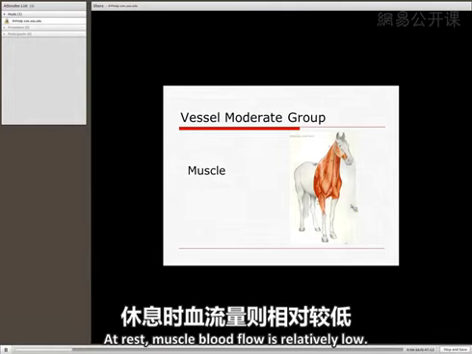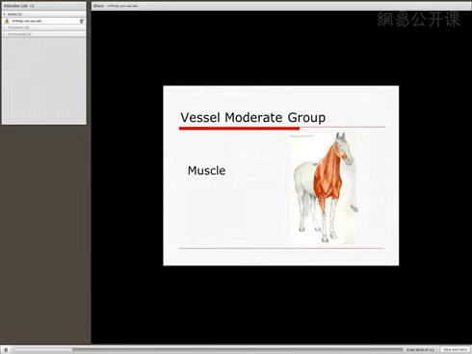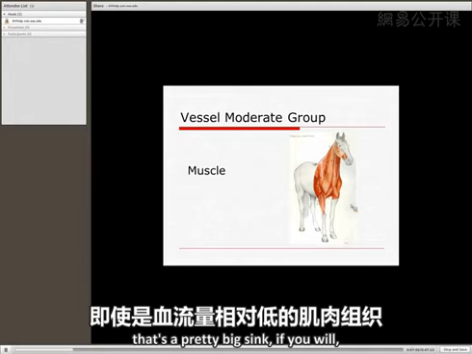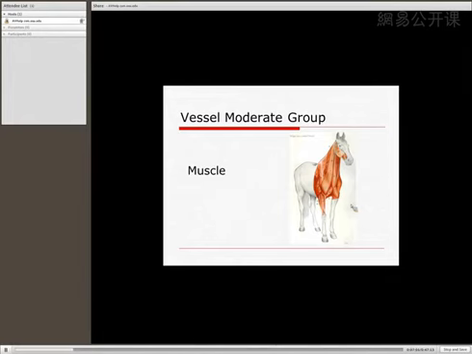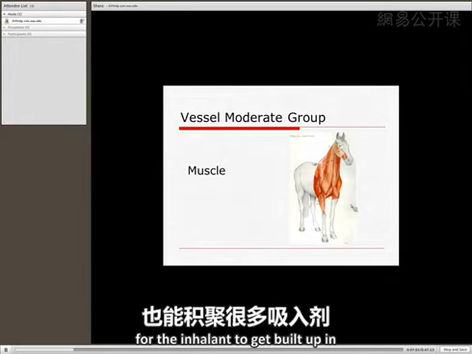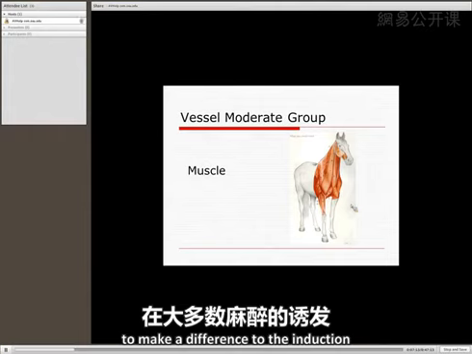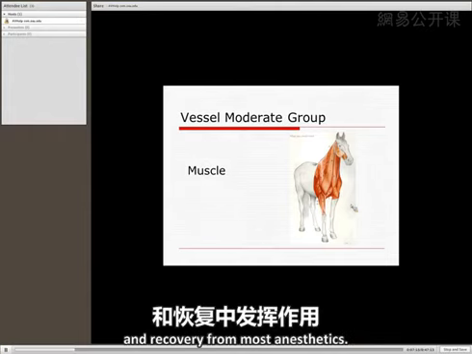At rest, muscle blood flow is relatively low. But even with relatively low muscle blood flow, that's a pretty big sink, if you will, for the inhalant to get built up in, and it has a high enough blood flow to make a difference to the induction and recovery from most anesthetics.